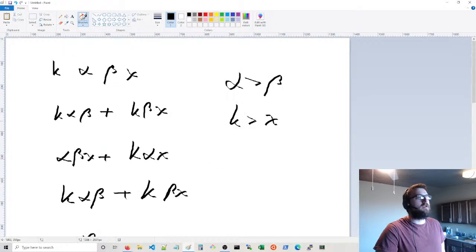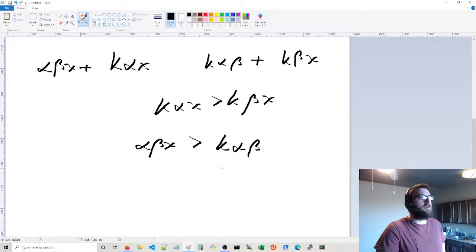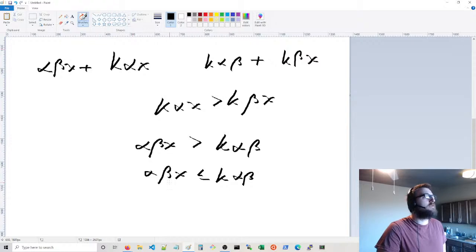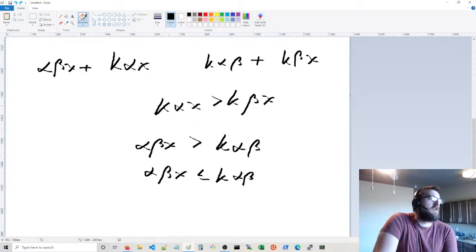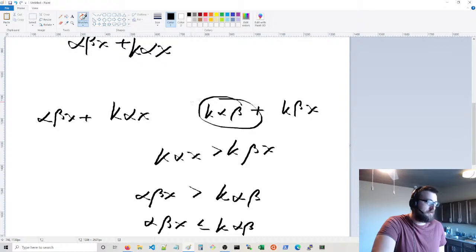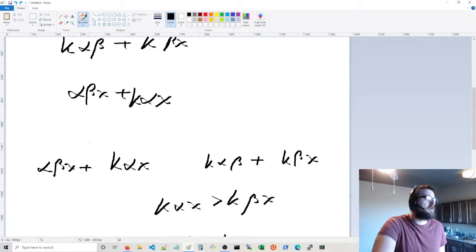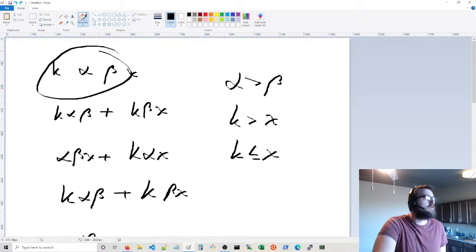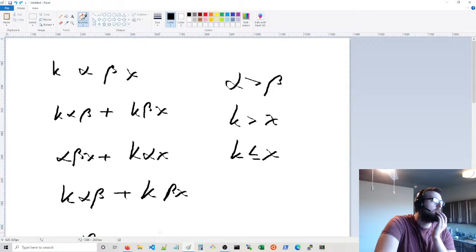Oh, I see. And if k is less than or equal to x, then this is less than or equal to this one, because this part is the same. That's when you relate k alpha beta to alpha beta x.